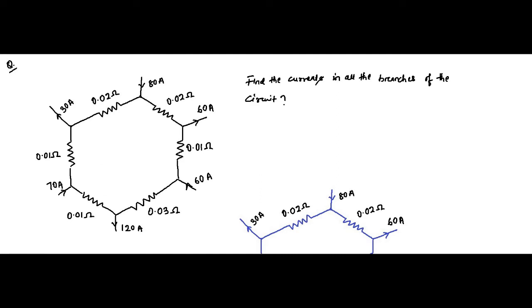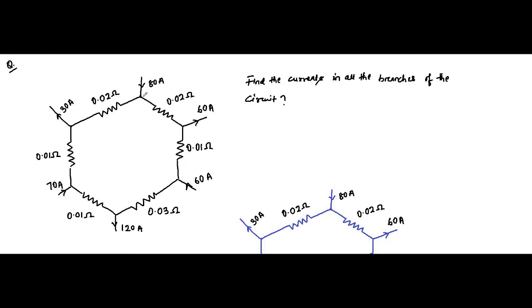Hello friends, so here we are with another question on KVL and KCL application. So here is the circuit diagram which we have, and we have been asked to find the currents in all these resistor branches, the current flowing through each of these resistors.